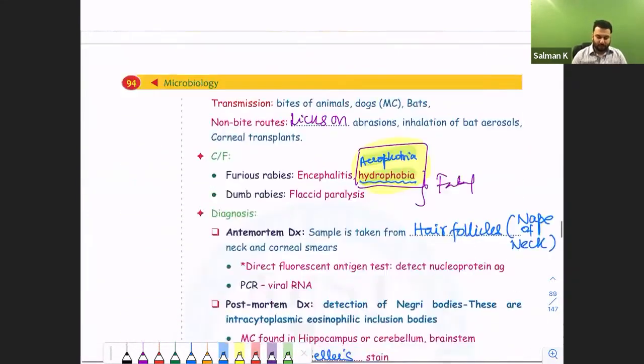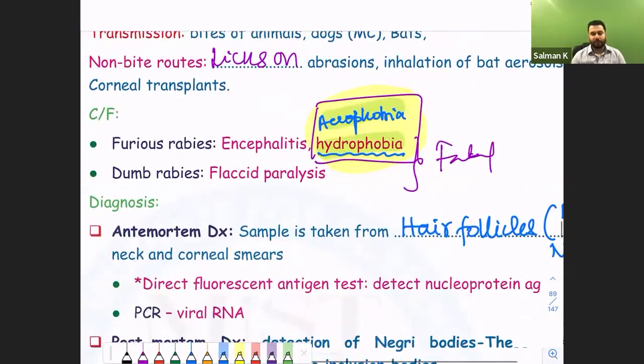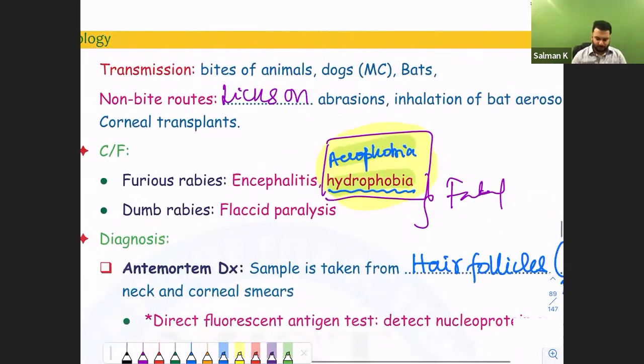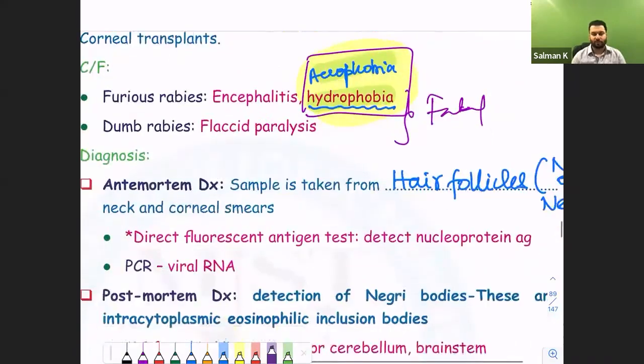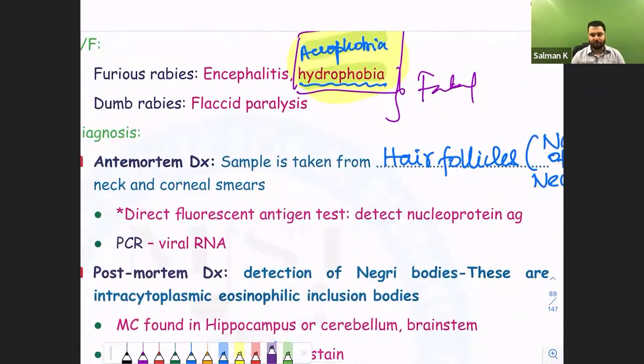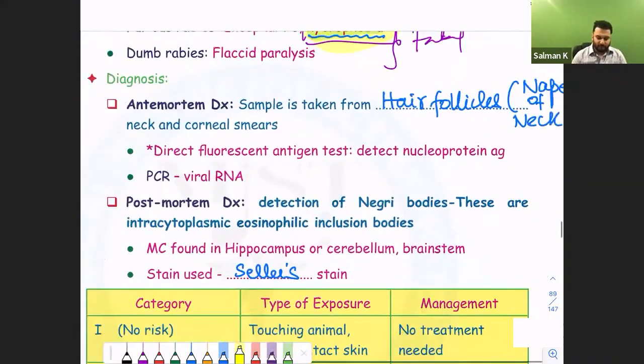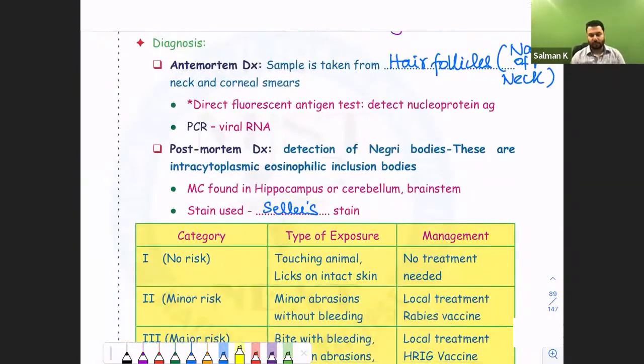Now let's come to the important thing here. How do you get this disease? One is obviously bites from rabid animals and licks on the cuts, right? Cuts known as abrasion. Once this disease presents, you know it presents with classical features like hydrophobia, etc. The very important parts are the bottom two, diagnosis and management.